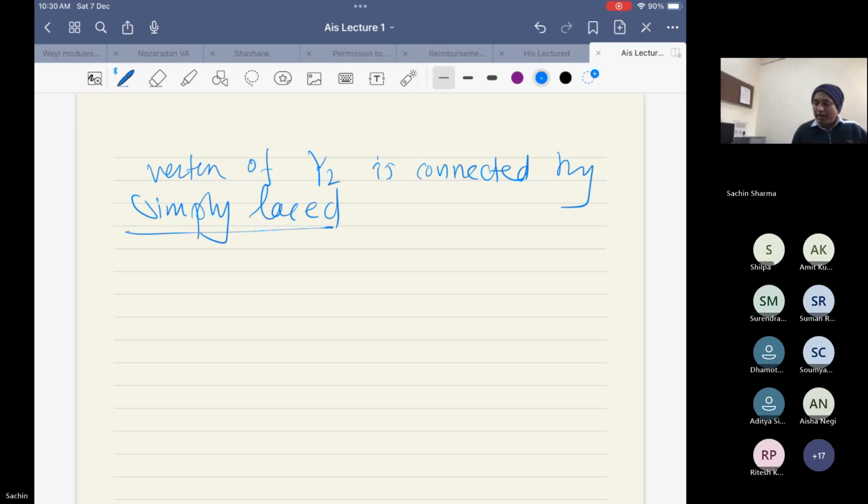What is that? A graph is said to be simply laced if all its edges are simple edges, meaning all the m_ij's are 3, which we don't denote. So this is a simply laced graph, with m_ij's equal to 3 on the edges.